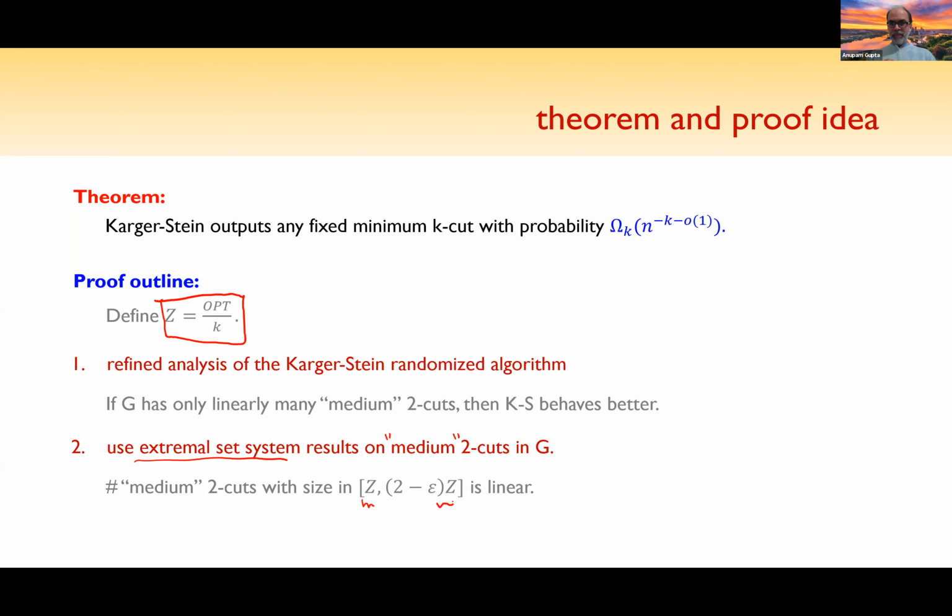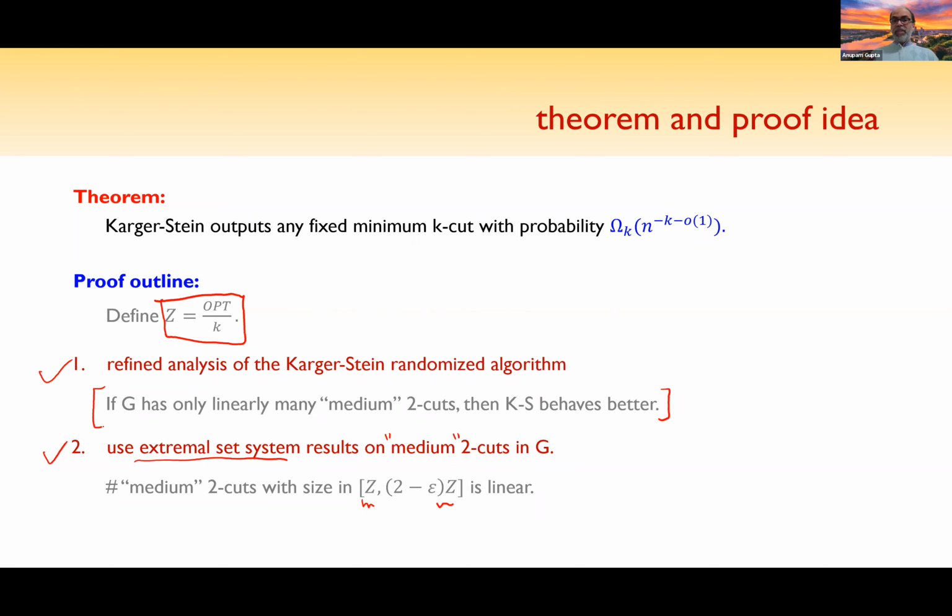Okay. So the plan for the rest of the talk is step 1, then step 2. I'm going to assume that I have a small number of medium cuts. Medium two cuts, remember. Whenever I say cuts, I really mean two cuts. I'll try to be careful about this.